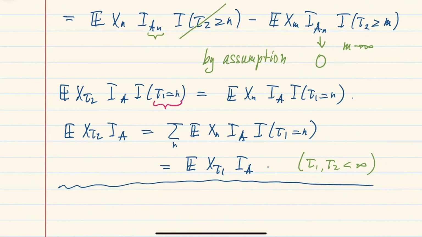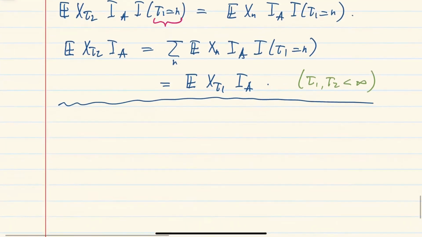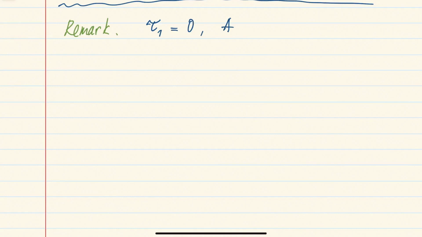Now, one quick remark here that I wanted to make is that in this last calculation where we used this telescopic series trick, it will be convenient to consider a specific case. So let me emphasize this as a remark, that if in the above calculation we take tau1 to be just 0, and the set A over which we integrated, let's take the whole space, so we don't need to write that indicator.